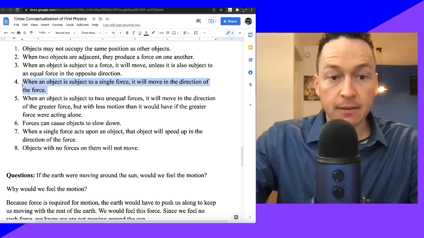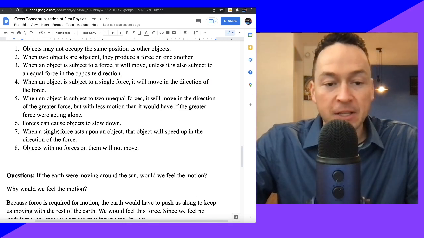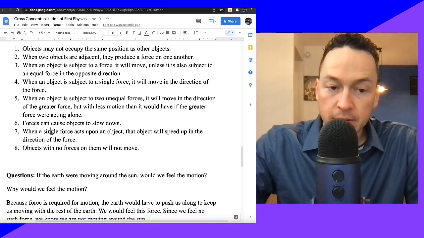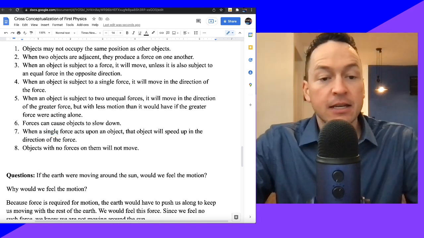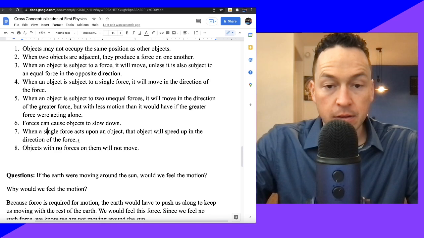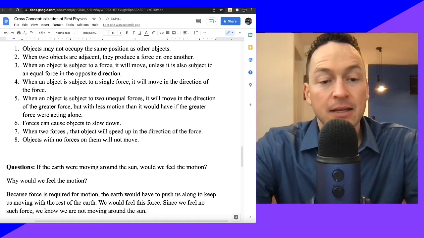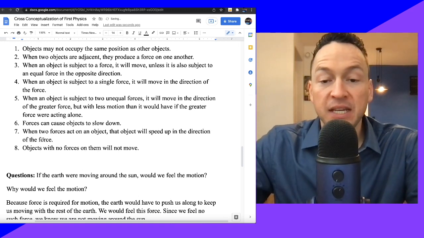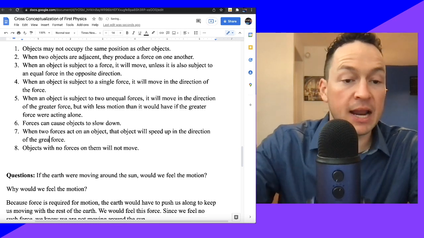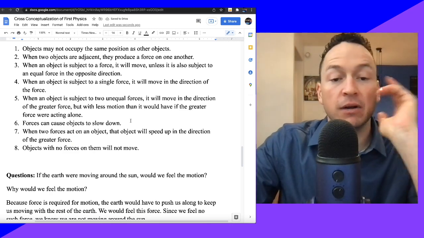He can say, so we don't know what happens when a single force acts on an object. When two forces act on an object, that object will speed up in the direction of the greater force.